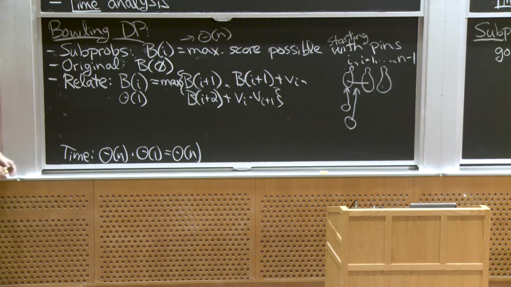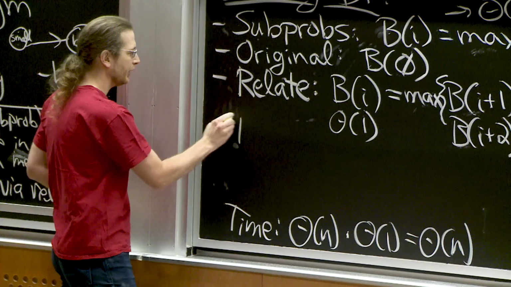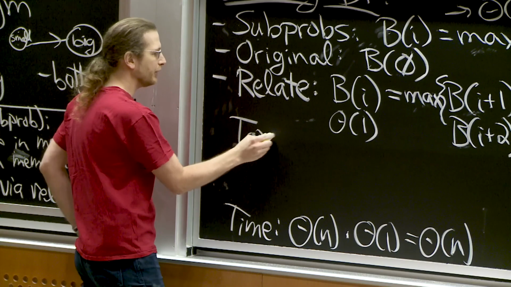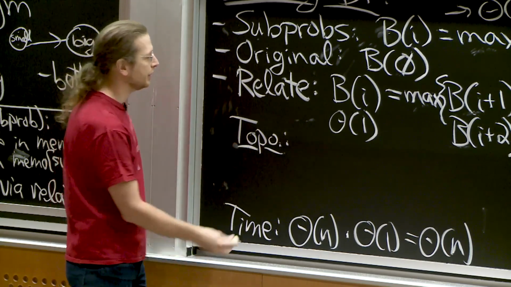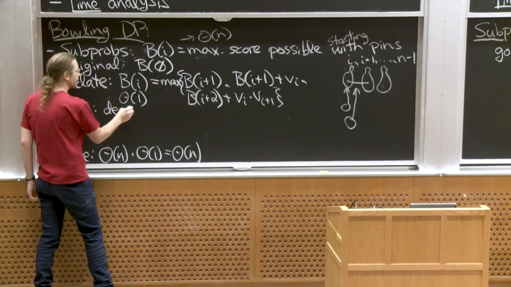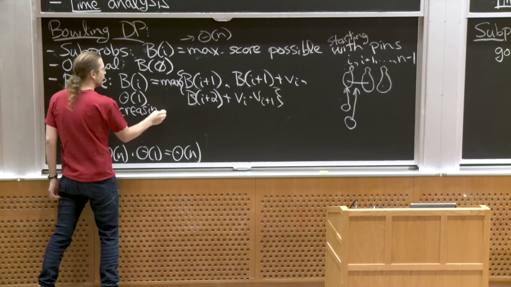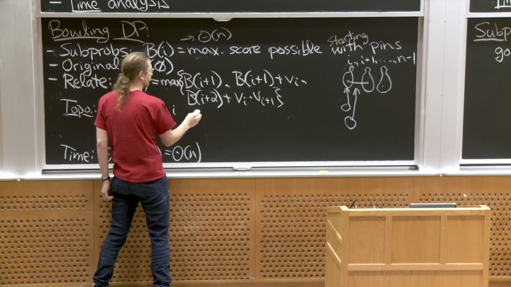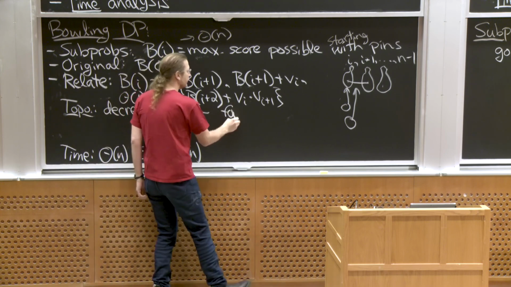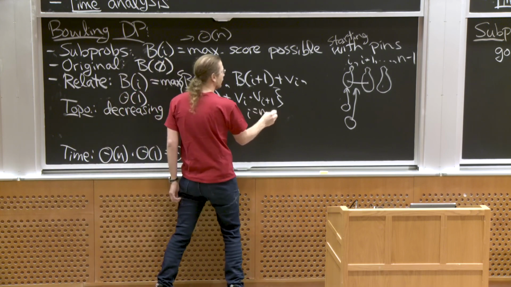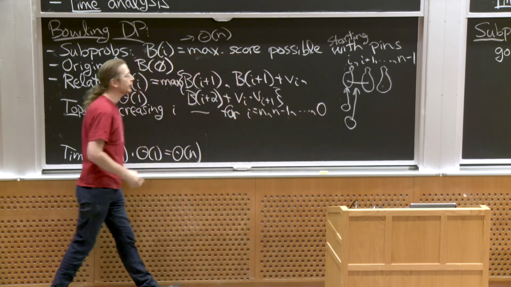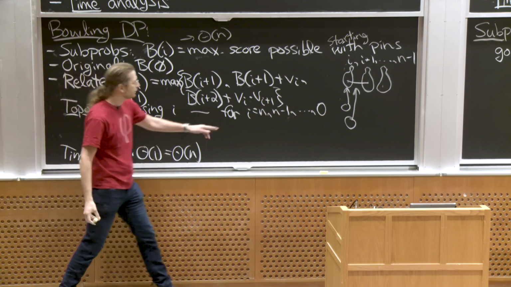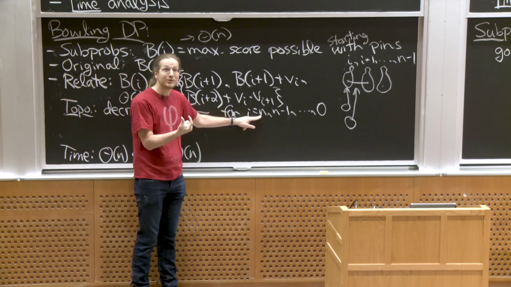Great. Now I didn't finish SRTBOT, so there's another T, which is to make sure that there is a topological order, and that is in decreasing I order. Or I might write that as a for loop for I equals n minus 1 down. This is the order that I would compute my problems, because the suffix starting at n is the empty suffix.